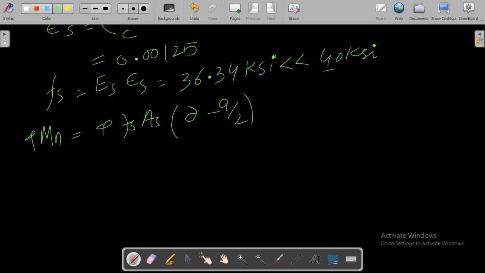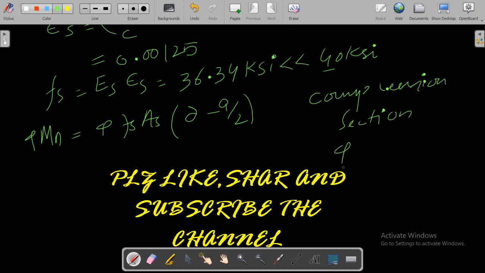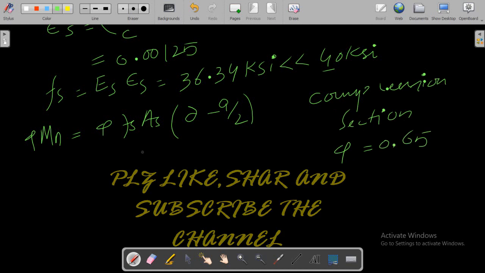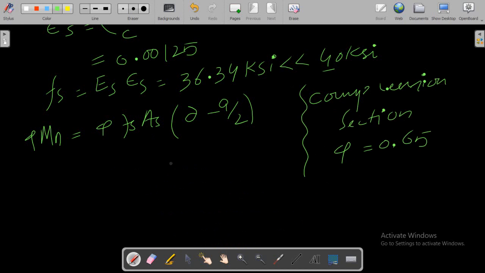Here you must remember that this is a compression control section, so that is why we will use phi equals 0.65, right? So here we will plug in all the values.